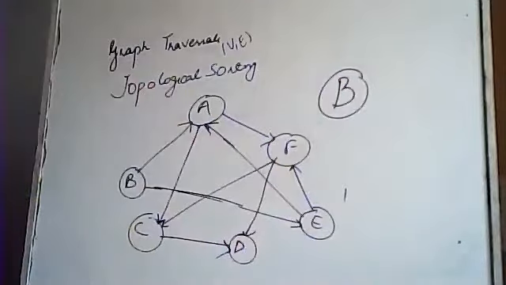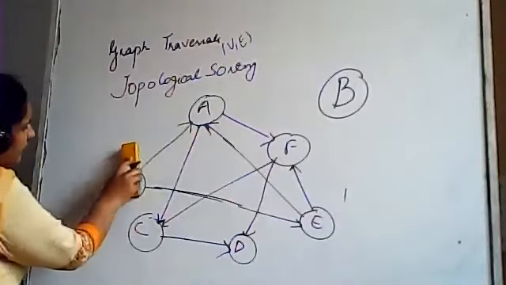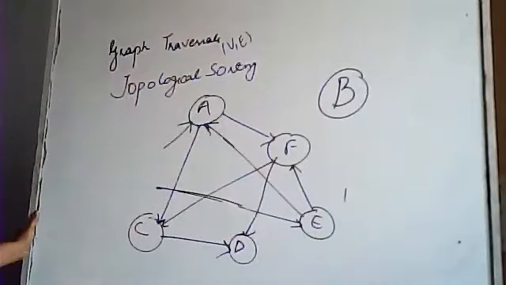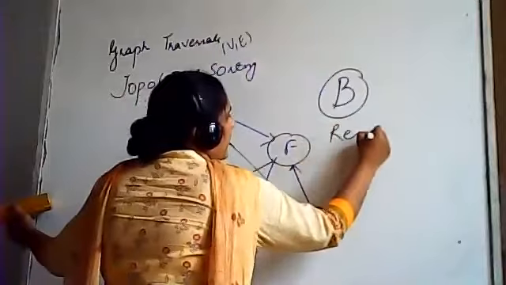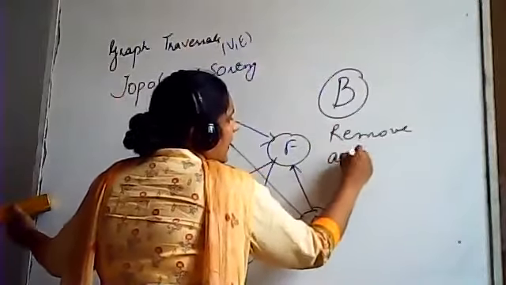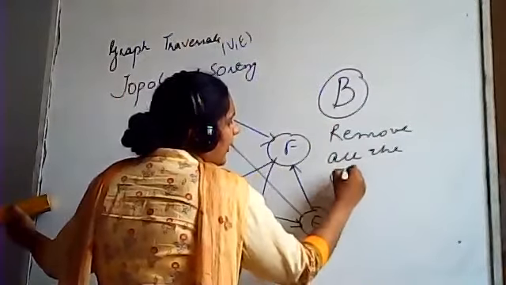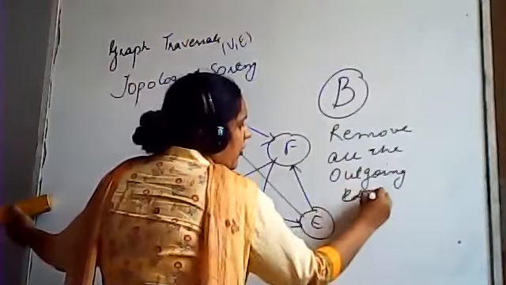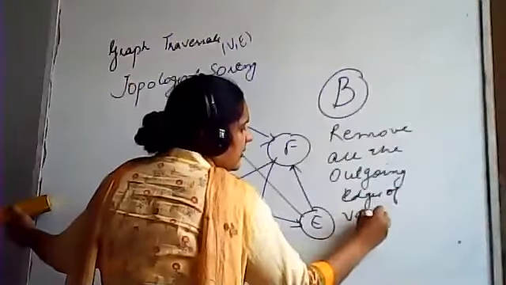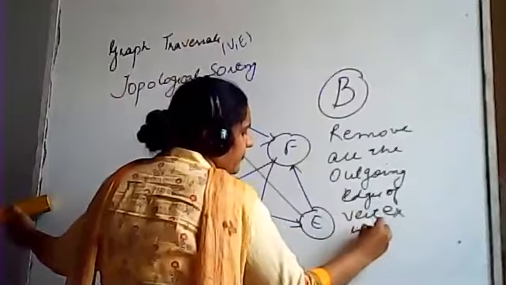Second rule, you will remove the vertex with no in degree, meaning with 0 in degree. So I am going to remove this B because you said B has no in degree. And rule number 2 is to remove all the outgoing edges of the vertex with in degree 0.